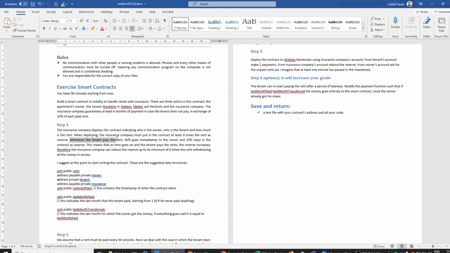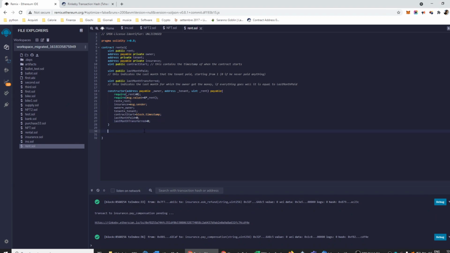Whenever the tenant pays the rent, 90% goes immediately to the owner and 10% stays in the contract as a reserve. So let's build function pay rent. Okay, nothing needs to be specified, I think. Payable public.